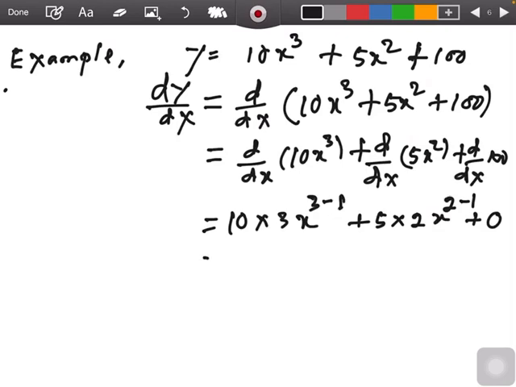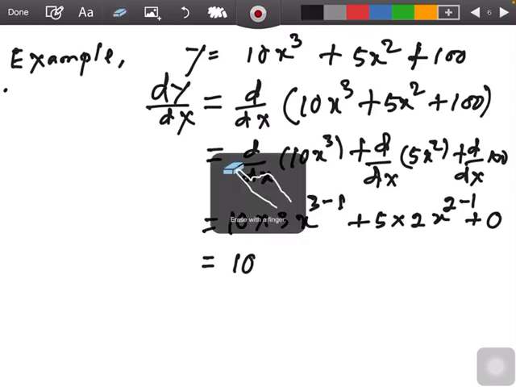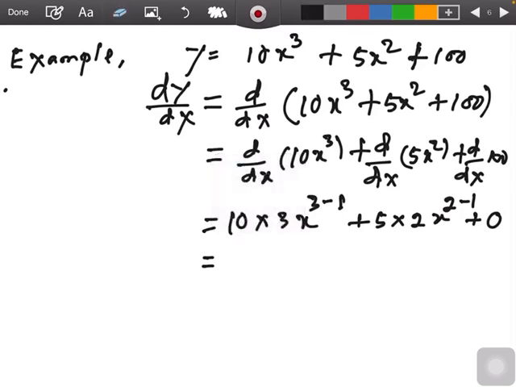So this will be 10 into 3, that is your 30, so 30 x square plus 10x.